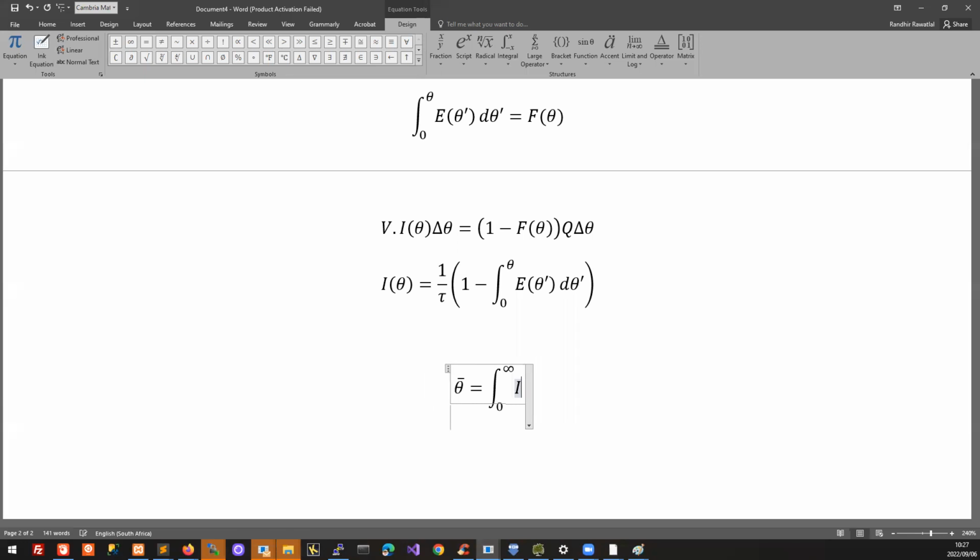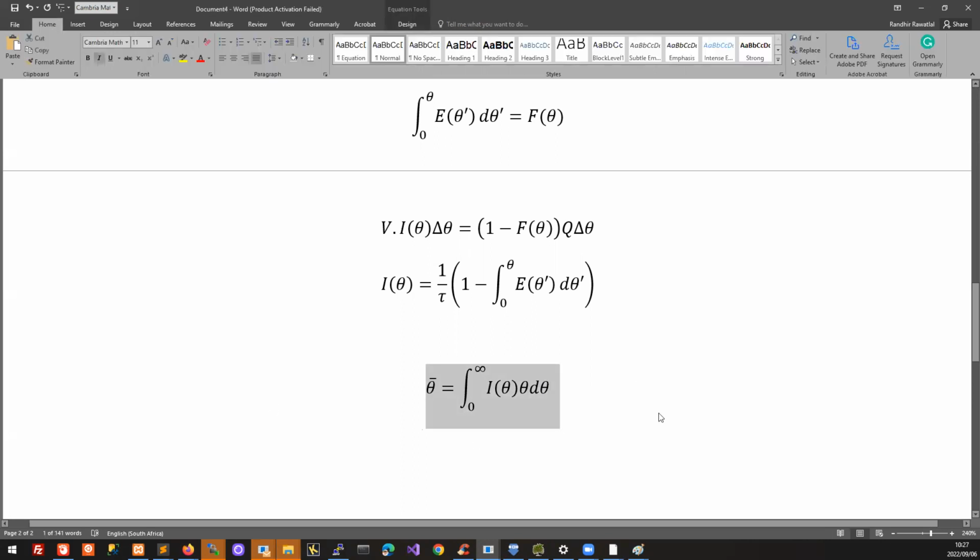So if you do theta, and you would use a theta here and d theta, then this would give you the mean theta. So that's just one example of one of the common operations that you do on probability functions.